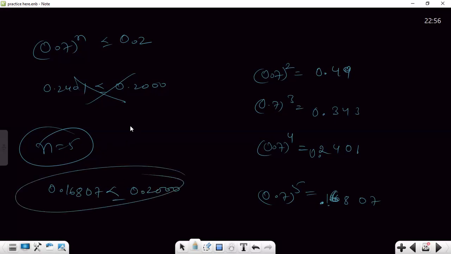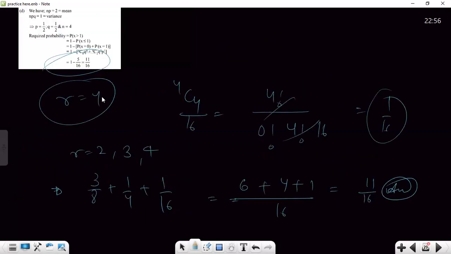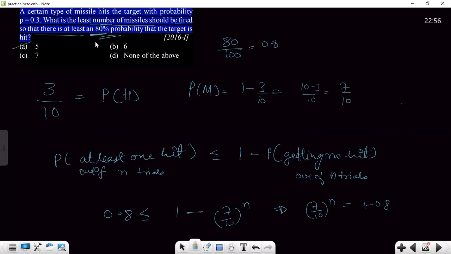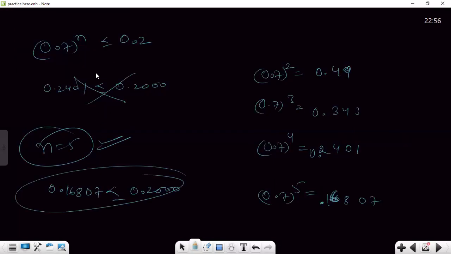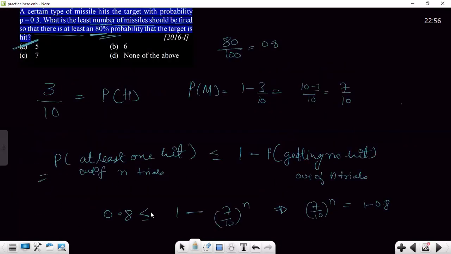So here the condition is satisfied, and we have to fire at least 5 missiles to hit it with 80% accuracy. 5 missiles. Yes, it's the correct answer. Whatever is there after this is just the numerical portion, and you also have to be good at it.